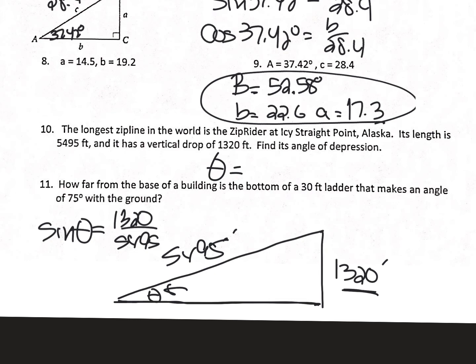Hit enter, and you're getting 13.9 degrees. Okay, for angle of depression. And that's for the zip line.